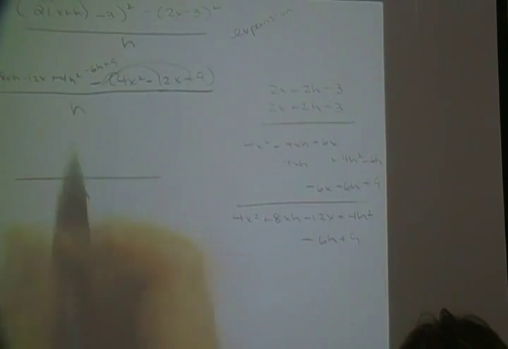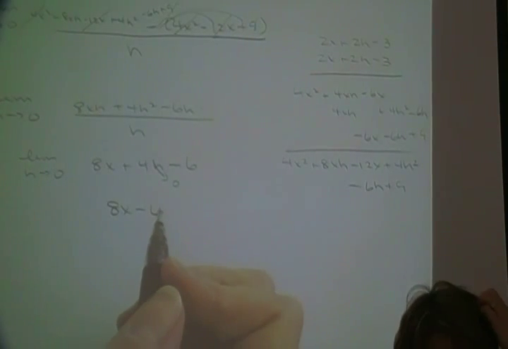The good news is when I distribute my negative through, the 4x squared will go to 0, the 12x will go to 0, and the 9 will go to 0. So I'll be left with 8xh plus 4h squared minus 6h, and that's it.